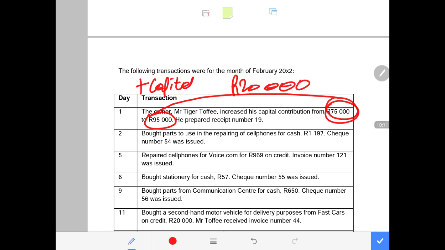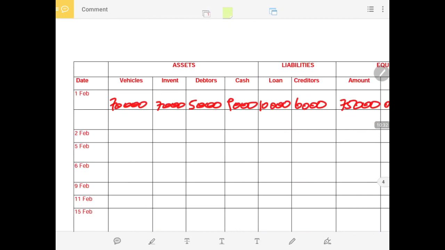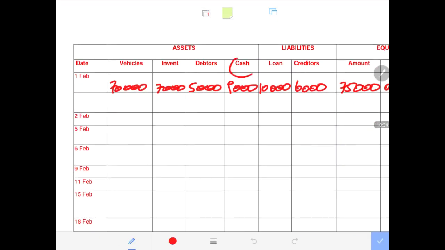Then now this was in the form of cash, because it says he prepared a receipt number, meaning there was a cash contribution and a receipt was produced for the amount that was deposited. Therefore now our bank account is expected to increase, and we know that bank is an asset. Even not knowing that bank is an asset, we can see there is bank and it's under the heading called asset.